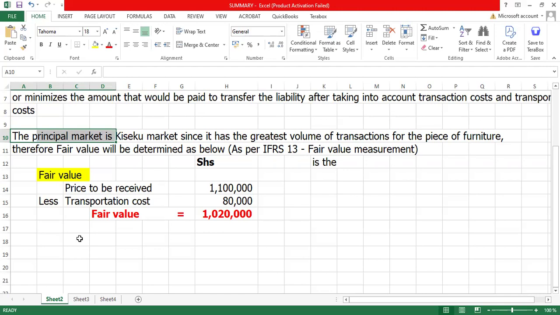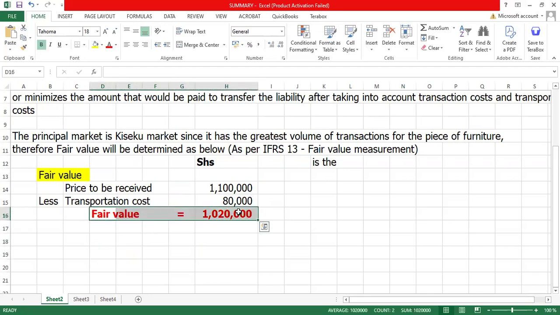But in this situation, you already know the market, so we cannot include that transaction cost. That's why we exclude the transaction cost as we determine the fair value. Once I know the market, I simply get the price to be received, then minus the transportation cost. And that's all. You have the fair value of the furniture.